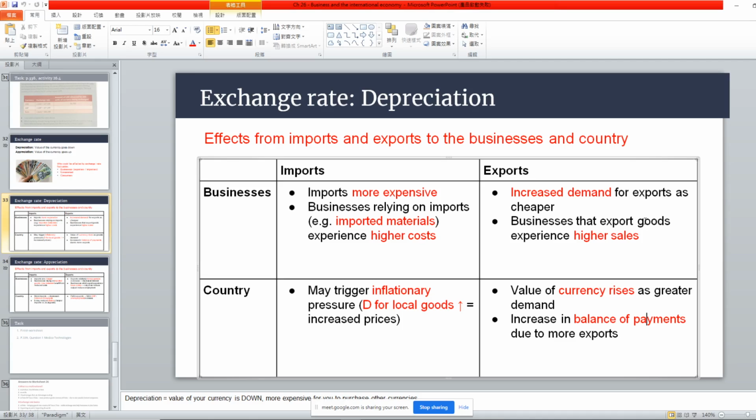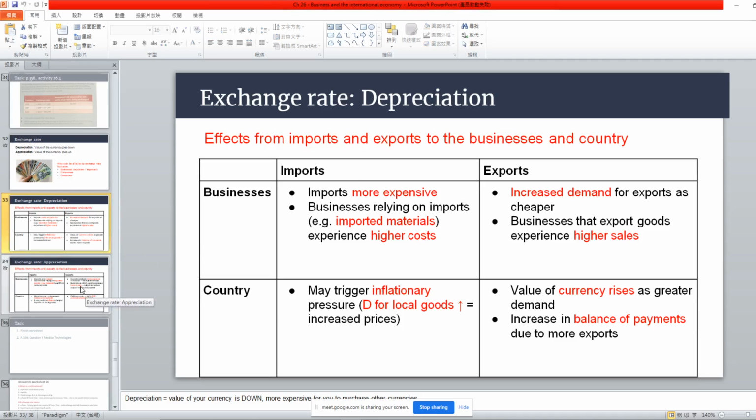So you are receiving more money from overseas than the money that is leaving your country. So that's balance of payments. It's the comparison between the money coming into your country and the money leaving your country. Just like that.